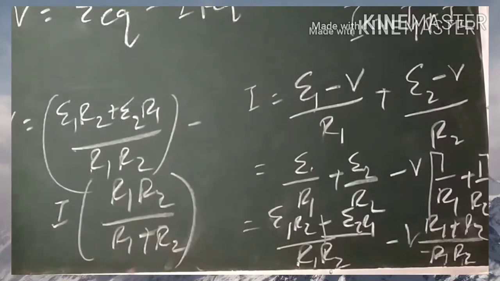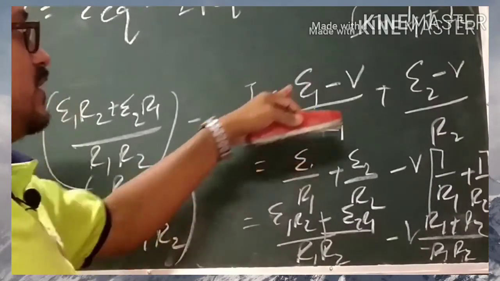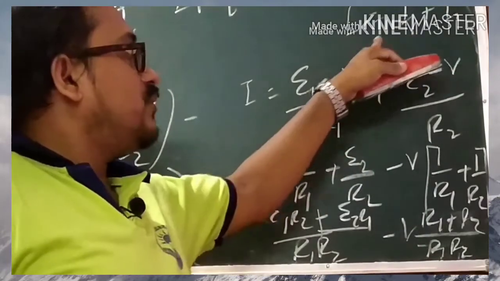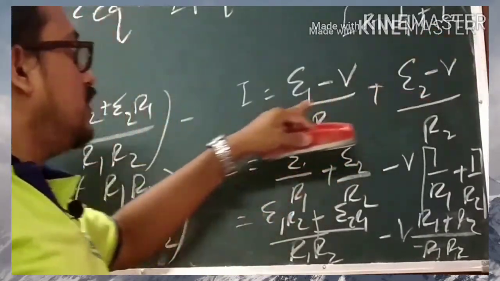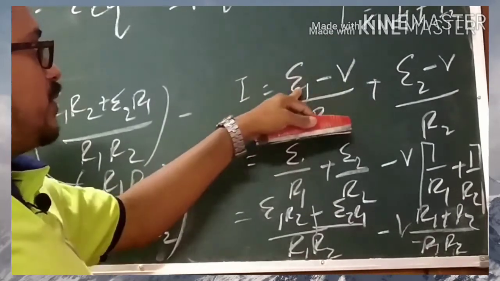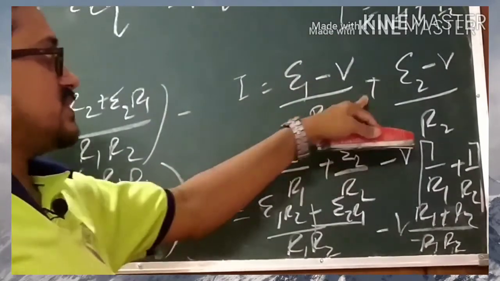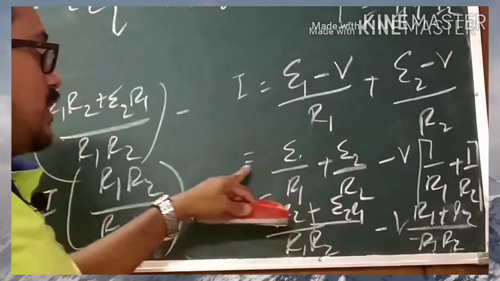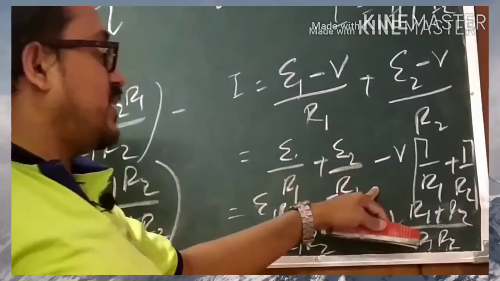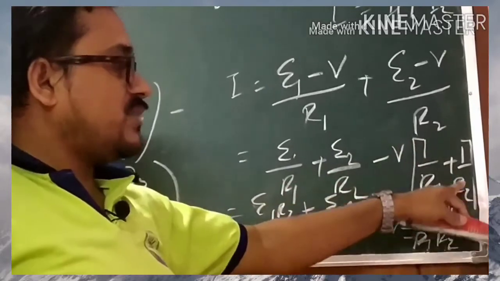Again repeating, in parallel connection the net current is equal to the summation of the individual currents, so I is equal to I1 plus I2. From the diagram, I is equal to E1 minus V by R1 plus E2 minus V by R2. This is E1 by R1 plus E2 by R2, minus V taking common 1 by R1 plus 1 by R2.